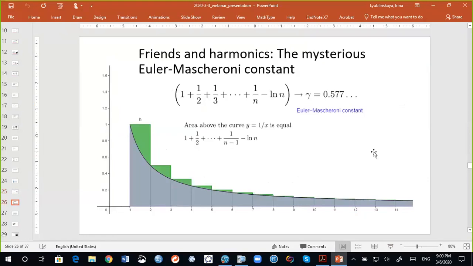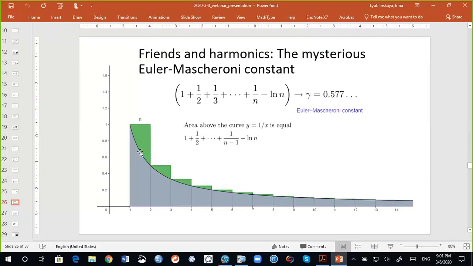Now let's talk about our last, most mysterious number, which is the Euler-Mascheroni constant, sometimes just called Euler constant. It's denoted by the letter gamma. So what is it? If we look at it from a geometrical point of view, then it comes out from the properties of natural log and harmonic series, which is a topic in BC calculus.